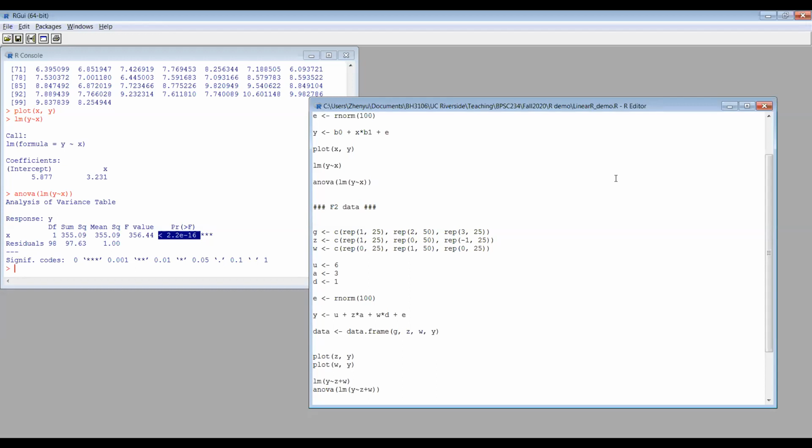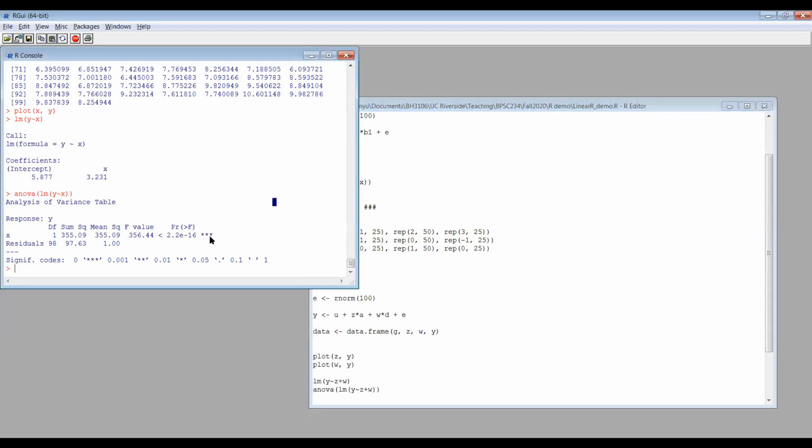We want to test that. If the p-value is extremely low like this, the data is unlikely to support your null hypothesis, so you reject the null hypothesis. In this case, we believe there's a strong association between X and Y, right?